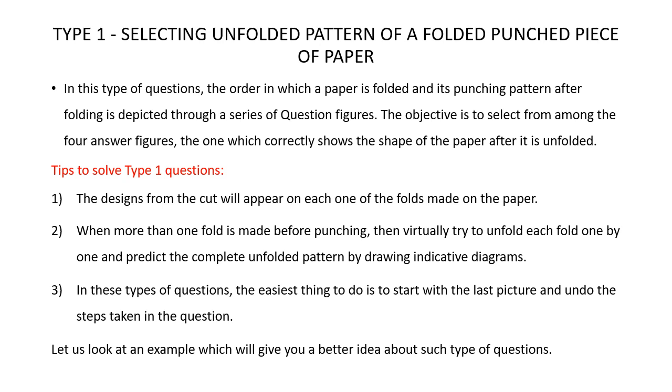In these types of questions, the easiest thing to do is to start with the last picture and undo the steps taken in the question. Let's look at an example which will give you a better idea about such type of questions.